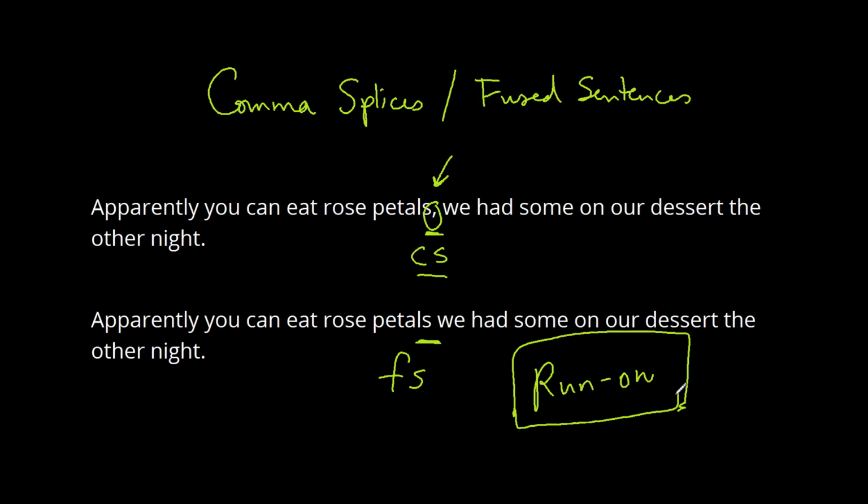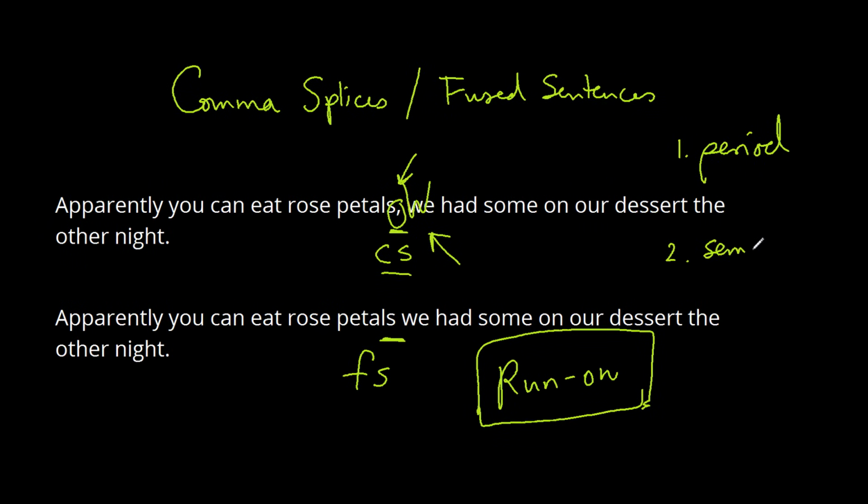Okay, so the first thing to recognize then is that these are fairly common problems, and there are three ways typically to fix one of these mistakes. The easiest way is to put a period in. So number one would be add a period, and we can just stick a period right there, and then we would capitalize the next word. Another way to fix it, this is number two, is to add a semicolon.